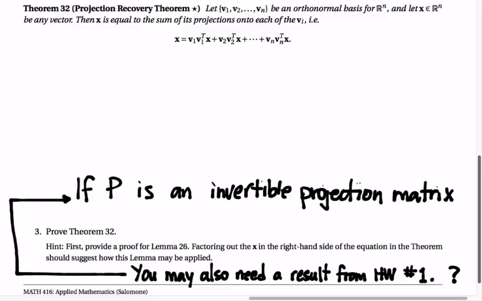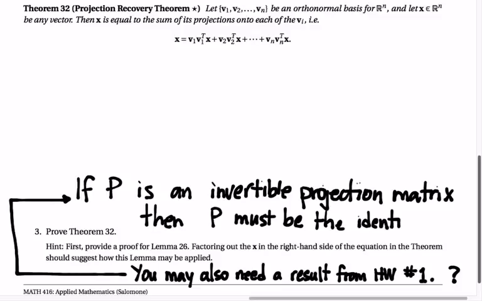But if we have a projection matrix which is invertible, then who remembers the conclusion of this theorem? What does P have to be if it's an invertible projection matrix? The identity matrix. P must be the identity matrix. So I think this might be the key to proving this theorem.